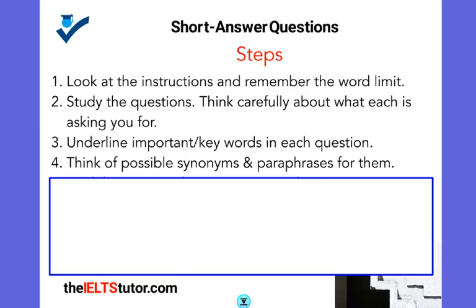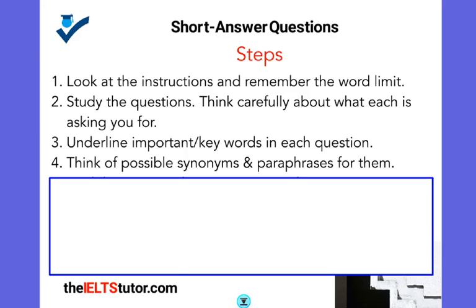Think about them, okay? And you don't have to spend too long on this. As I've mentioned before, if you're doing question number one, your answer should appear at the beginning of the passage, not towards the end. So you shouldn't spend too much time moving your eyes around the passage. Just make sure that you stay within that section to look for the synonyms or paraphrases for these key words.